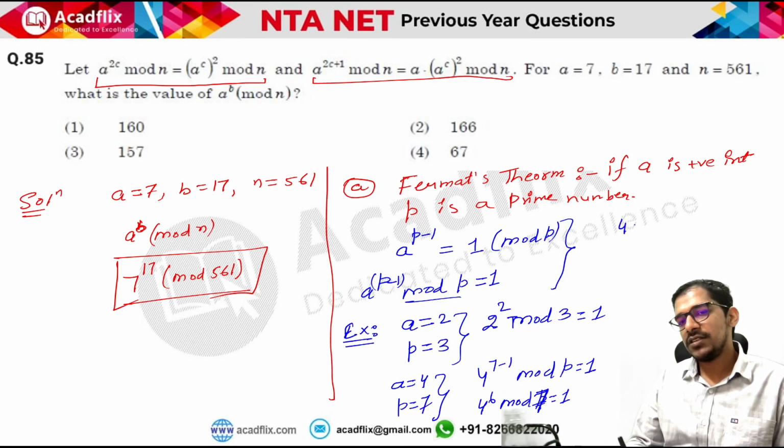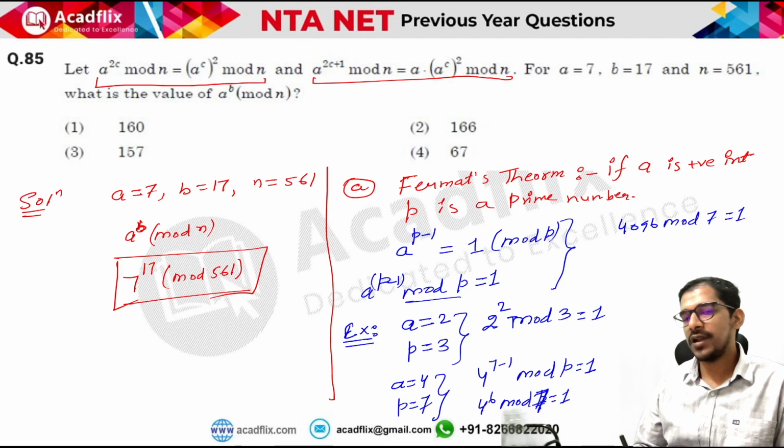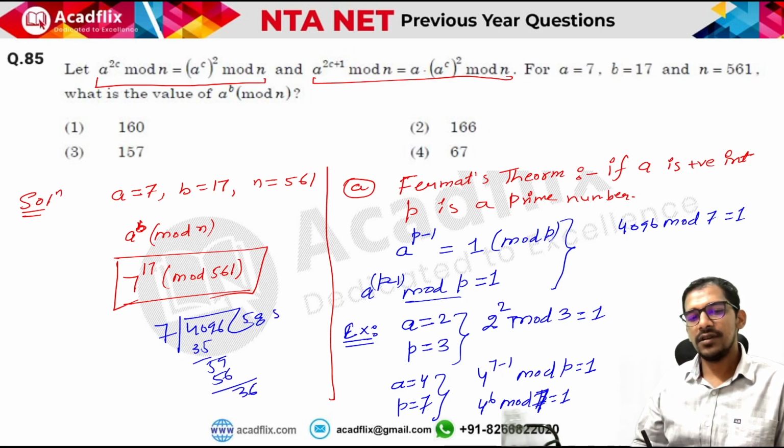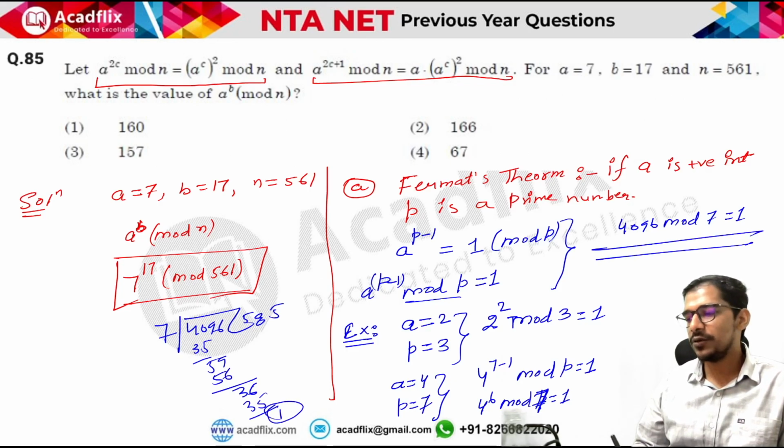So 4096 mod 7 will be equal to 1. You can try dividing 4096 by 7, and you will see that the remainder will be 1. So this theorem is great, this theorem is good.